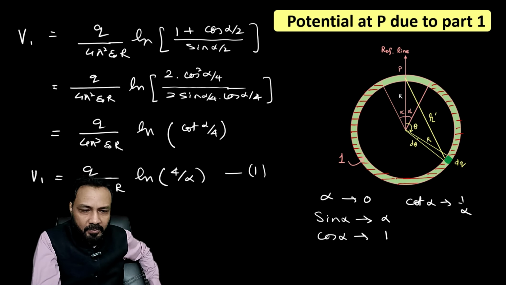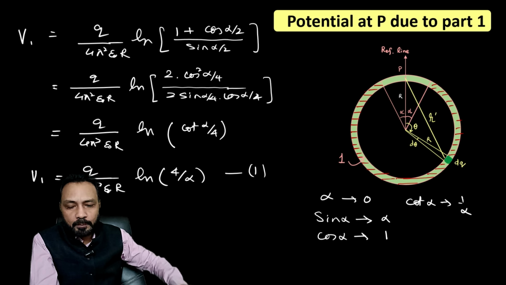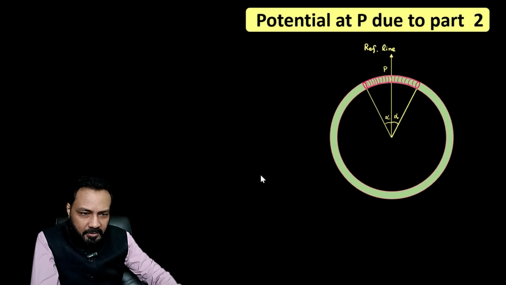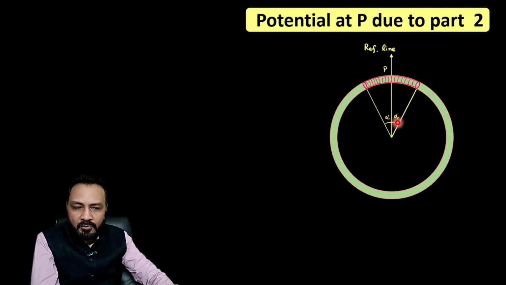Now let's try to find the potential at P due to part 2. This is part 2. This is very small, alpha tends to 0. For the sake of clarity, I have shown that this alpha is large, but it is infinitesimally small.